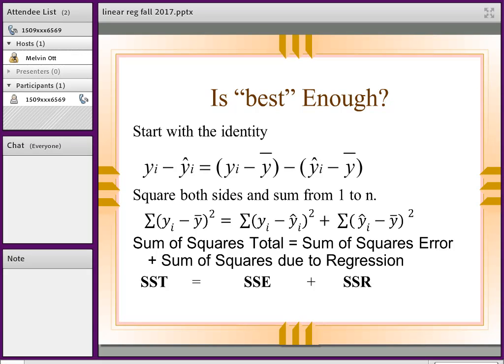Well, that's the sum of squares due to my regression model. So my sum of squares for regression should be really close to the sum of squares total, and the sum of squares for error should be really, really small if I have a good model here.